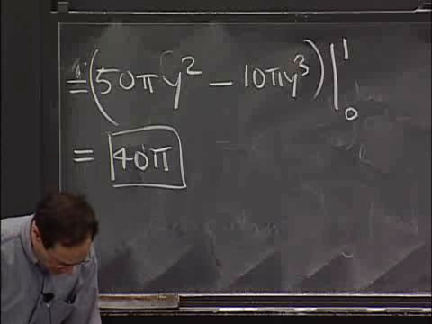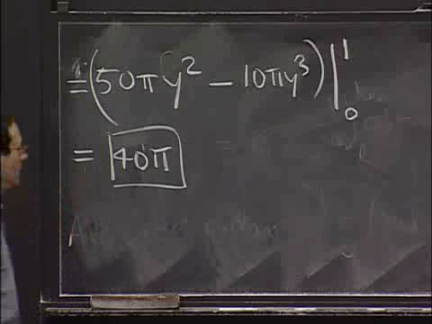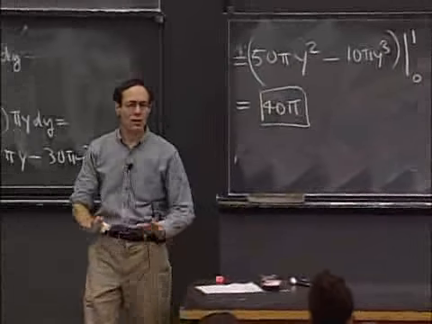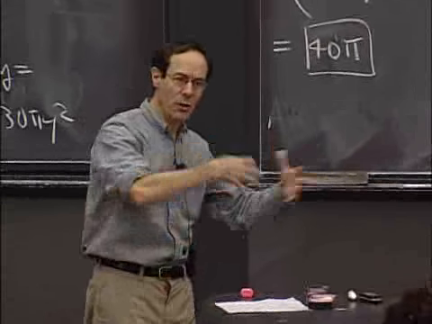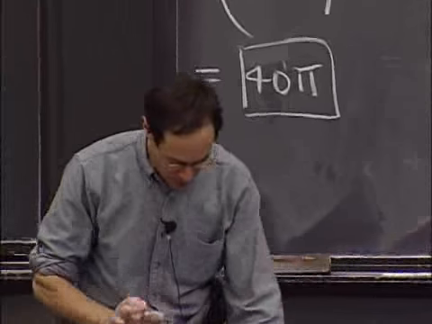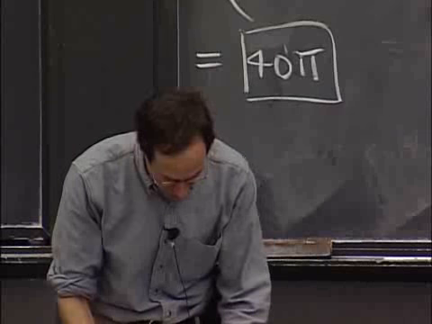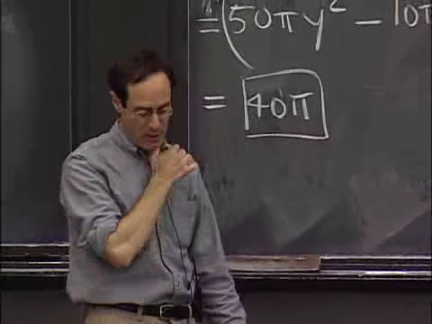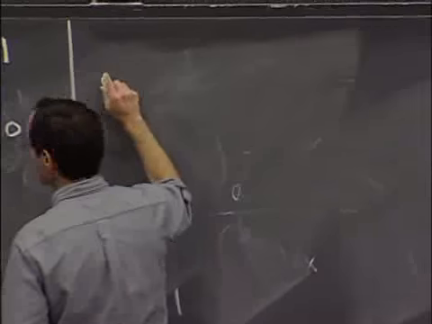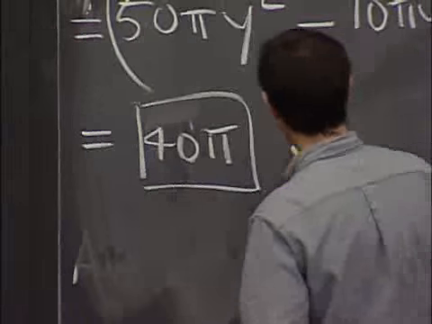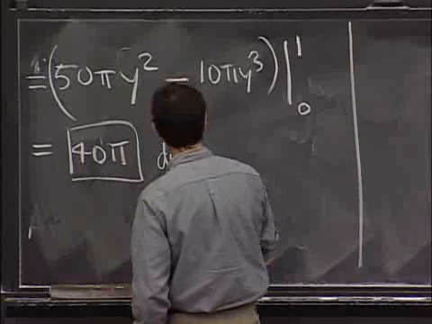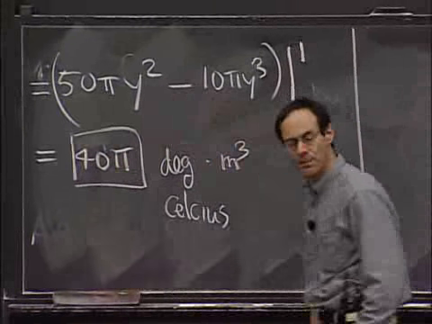Now, I spent a tremendous amount of time last time focusing on units because I want to tell you how to get a realistic number out of this. And there's a subtle point here that I pointed out last time that had to do with changing meters to centimeters. I claim that I've treated those correctly. So what we have here is that the answer is in degrees, that is Celsius, times cubic meters.